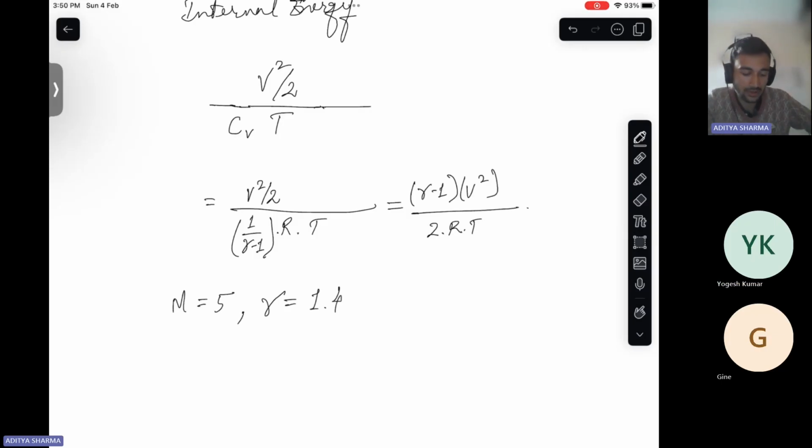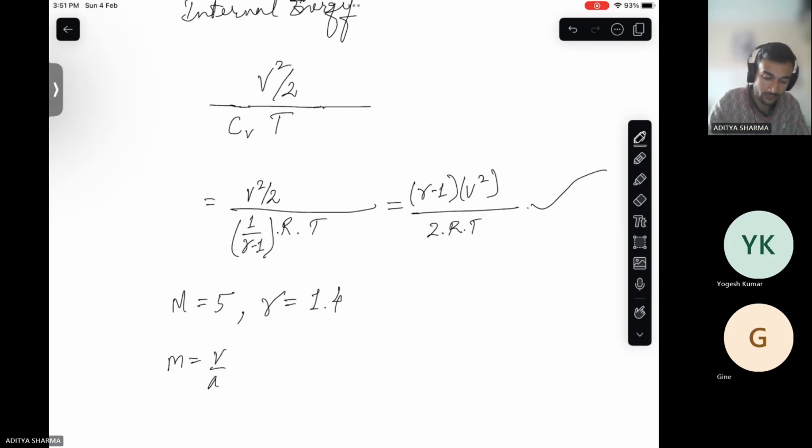But if you see this expression, we have V square, but we want M. We know that M is V by a.